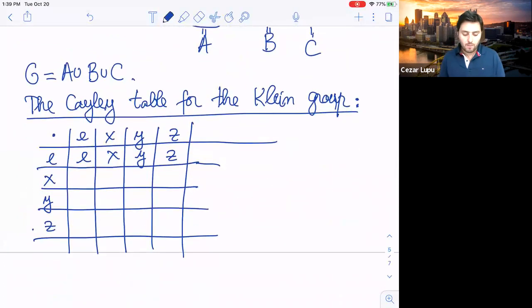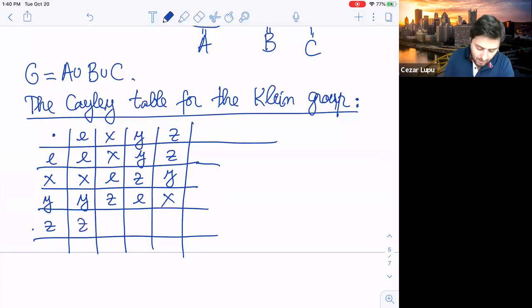Now this row will be x, e, z for x times y, and the last one, x times z, will be y. Now this row will be y, y times x will be z, e, x. And the last one will be z, y, x, and e. So that's the table. So this is the table for the Klein group.